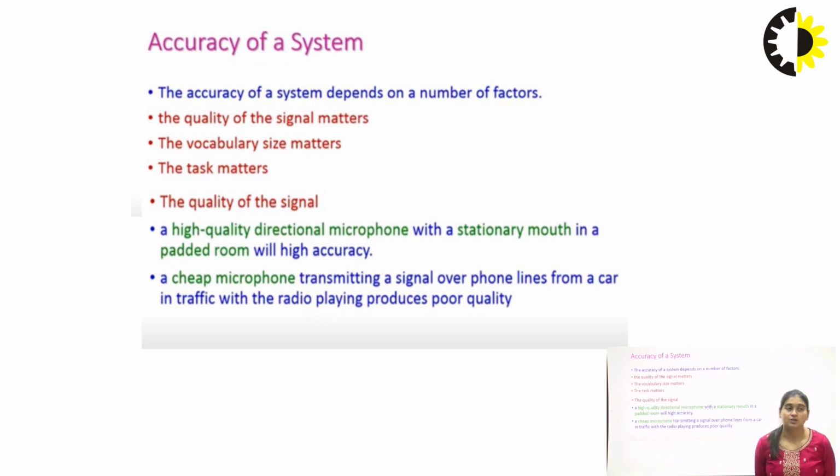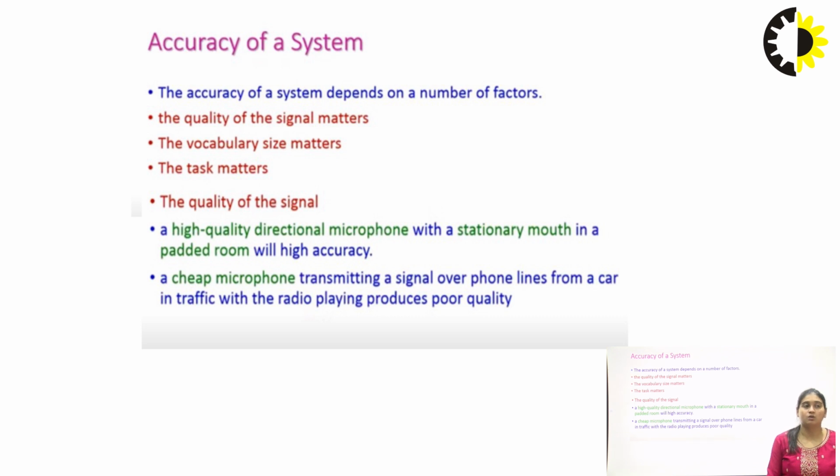A high quality directional microphone with a stationary mount in a quiet room will give high accuracy in comparison to a cheap microphone, because a cheap microphone transmitting a signal over phone lines from a car in traffic with the radio playing produces poor quality.